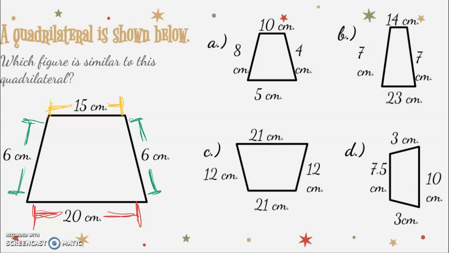I'm going to start with A. Instantly, what do you think? Not an option, you're right. This 8 and this 4, because it's positioned the same, are not the same numbers as my 6 and 8. So I can instantly cross this one out. Let's look over here. Okay, my 2 sides here are the same.